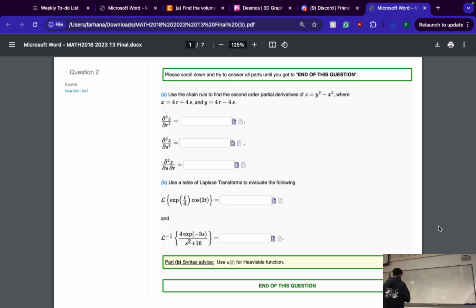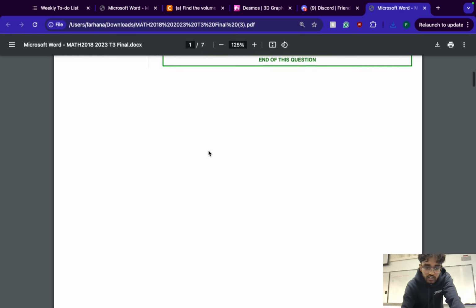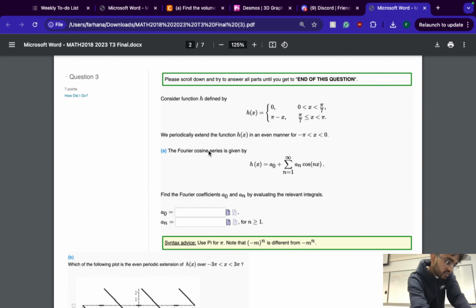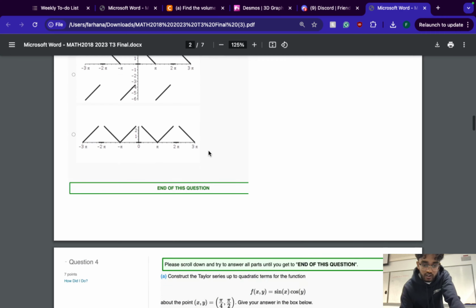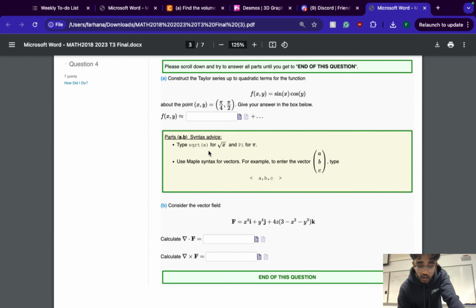Anyways, so first question. I'll pretty much go through what this paper looks like right now. So a few partial differential questions, Laplace transform. Did I even do the Laplace transform questions? Oh, I forgot. That's fine. Fourier series. Another partial differential, Taylor estimation.